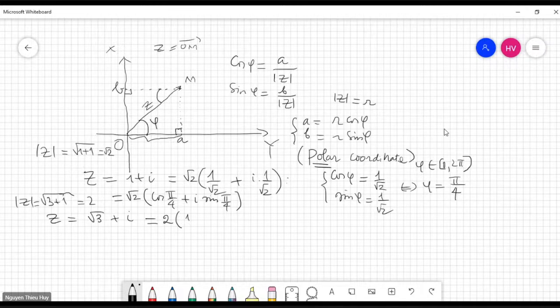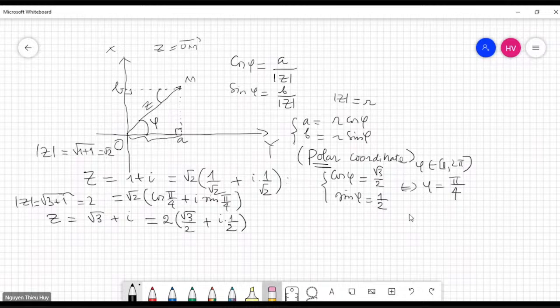We write 2 here and then divide by 2: square root of 3 over 2, and then i multiplied by 1 over 2. Now what we want to do is solve the system: cos phi equals square root of 3 over 2, and sine phi is 1/2.